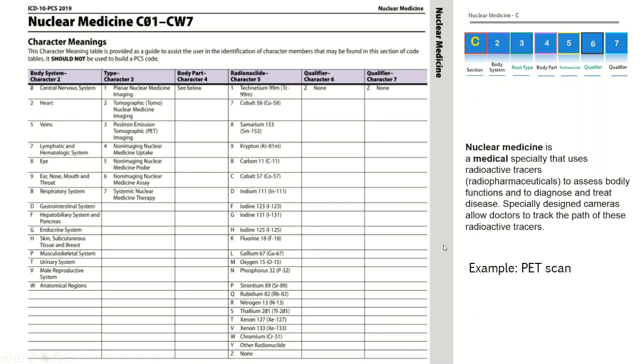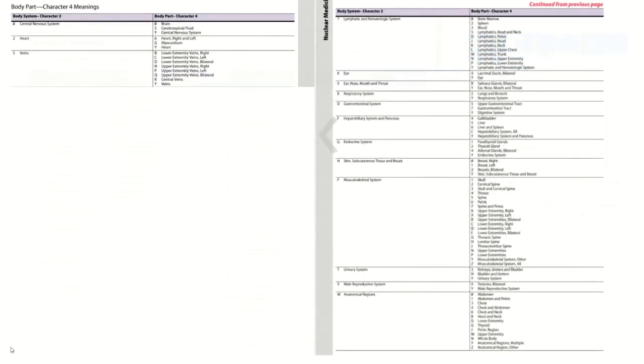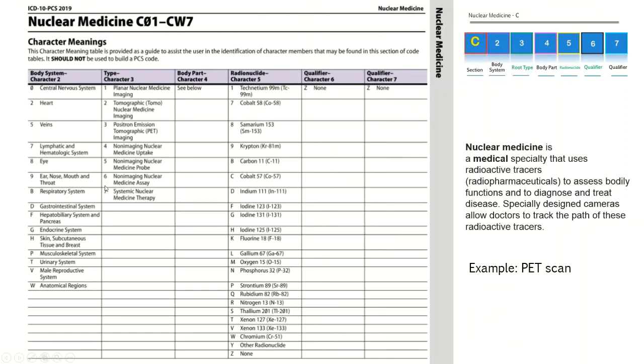All right, let's take a look at these character meanings. The first column describes character 2, the body system, which is very similar to section B for imaging, and your third character will be your root type. You've got planar nuclear medicine imaging, tomographic or tomo nuclear medicine imaging, and positron emission tomographic or PET imaging, the PET scan I was just talking to you about.